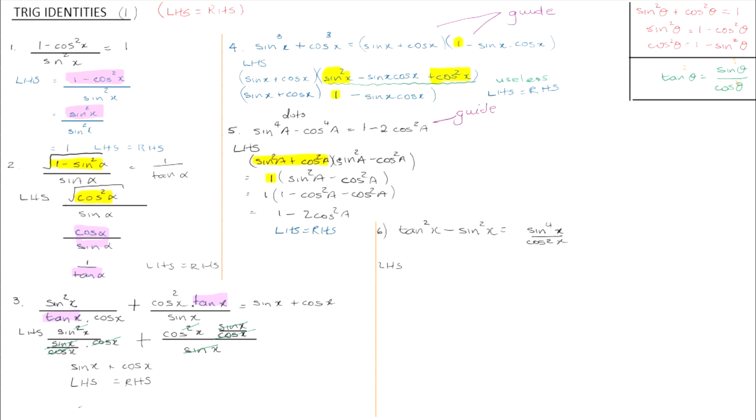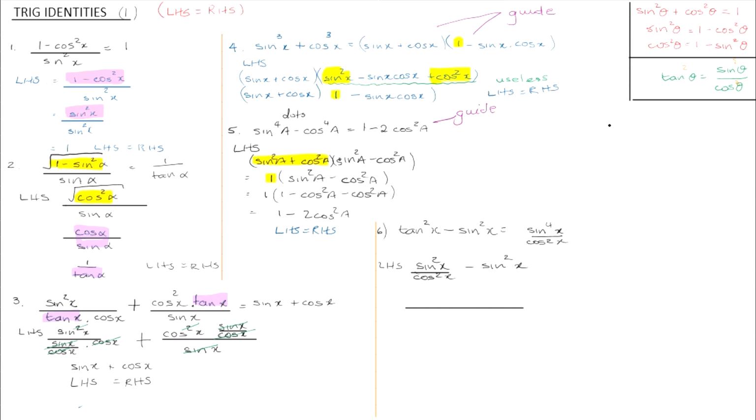Right, the final question for this worksheet is number 6. I see a tan squared, so I'm going to make tan squared sine squared on cos squared. I'll put my lines in later. They go so skew, and sine squared x.